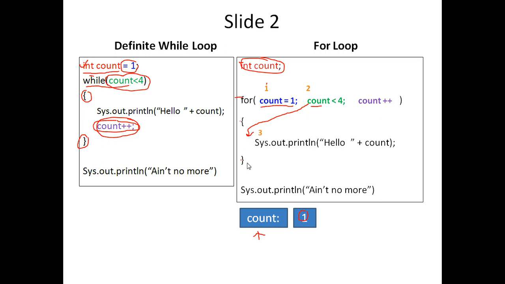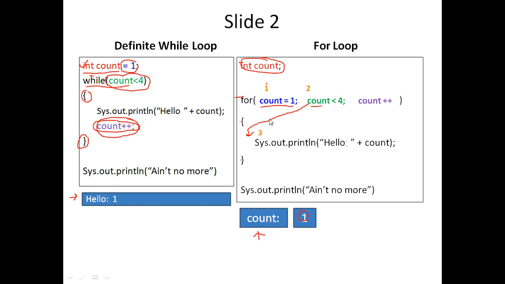So we're going to go 3. This says we're going to print hello and then the count number, and the count is of course 1. So it's going to say hello count. So here's the screen over here, and it prints hello 1. I think I'm missing the colon.